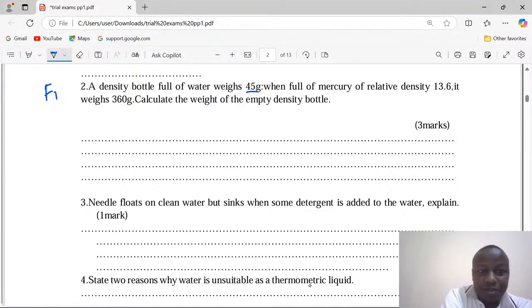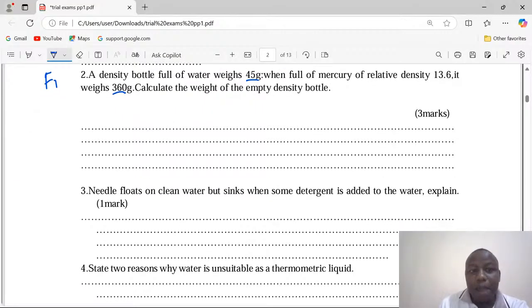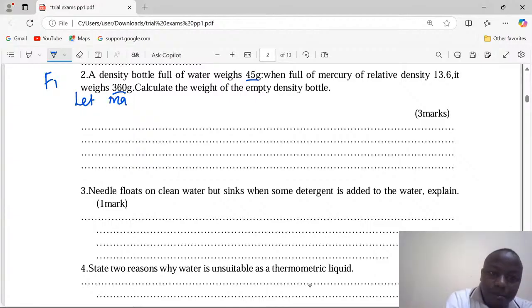Then we have another mass of 360 when full of mercury. So the first thing that we're supposed to understand is that the mass of the empty density bottle is not given, and that is something we can calculate. So we say let the mass of the density bottle, which is empty now, be x.